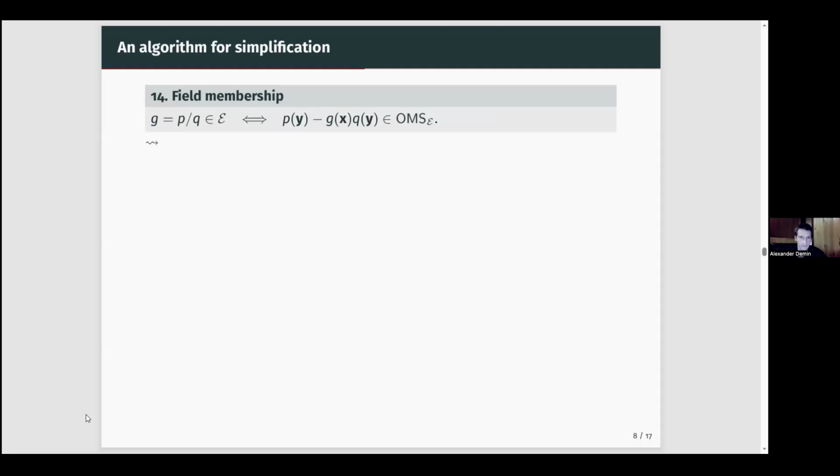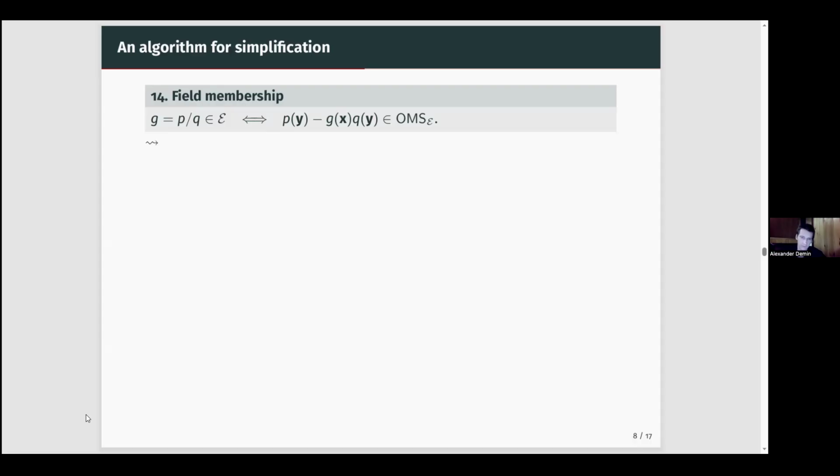Now let me tell you the last ingredient that we need before proposing an algorithm. We will use it just as a fact. You might be able to see how this follows from the previous things that we discussed, but it's not necessary. We can check if an element belongs to a subfield by just computing normal form with respect to the reduced Gröbner basis.